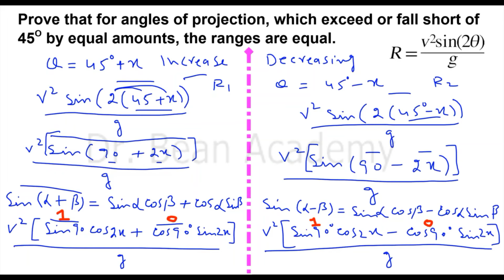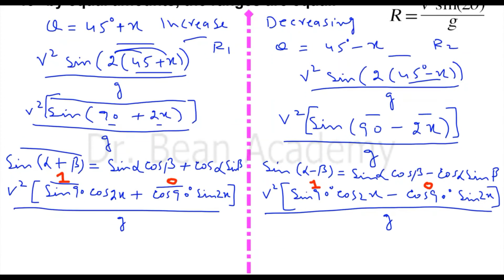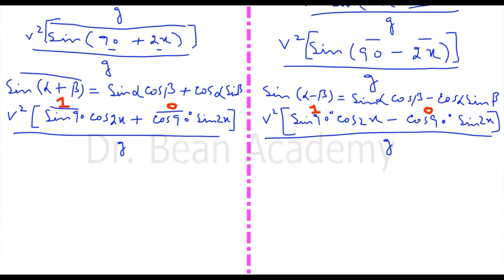So it can simplify my expression. I know that anything which is multiplied with 0 becomes 0. So this whole expression will become 0, and same is the case on the right side. This whole expression will become 0 because sine of 90 is 1, so I will get only cosine of 2x.